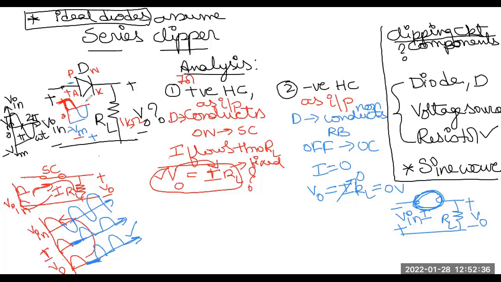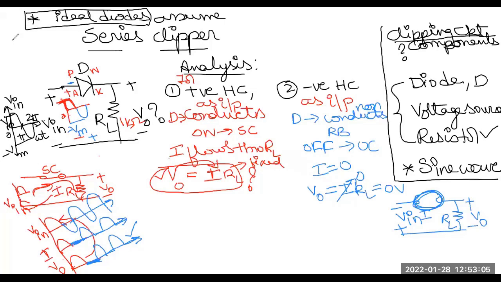If I have to name this series clipper in terms of positive or negative, what type of clipper is this? We said series clipper is positive and negative, right? If I want to write its name, is it positive series?